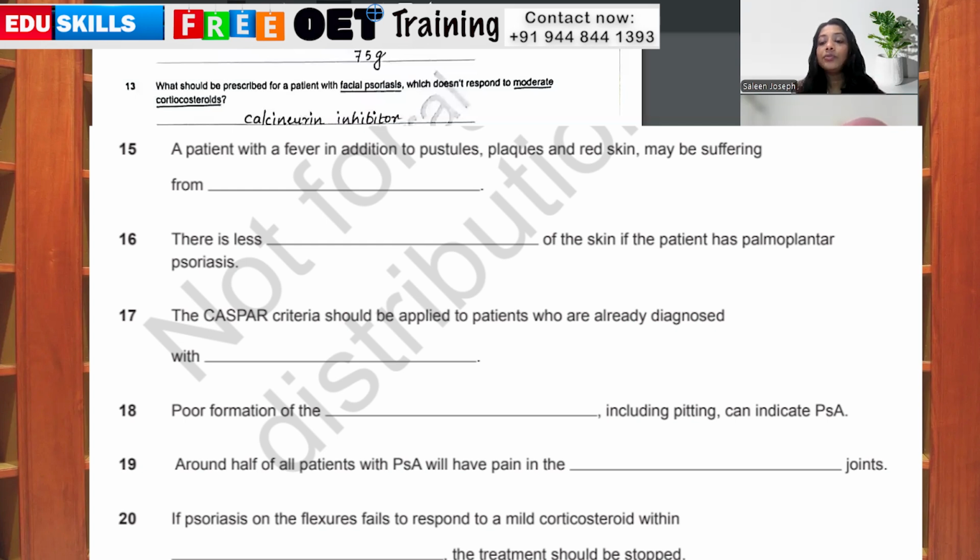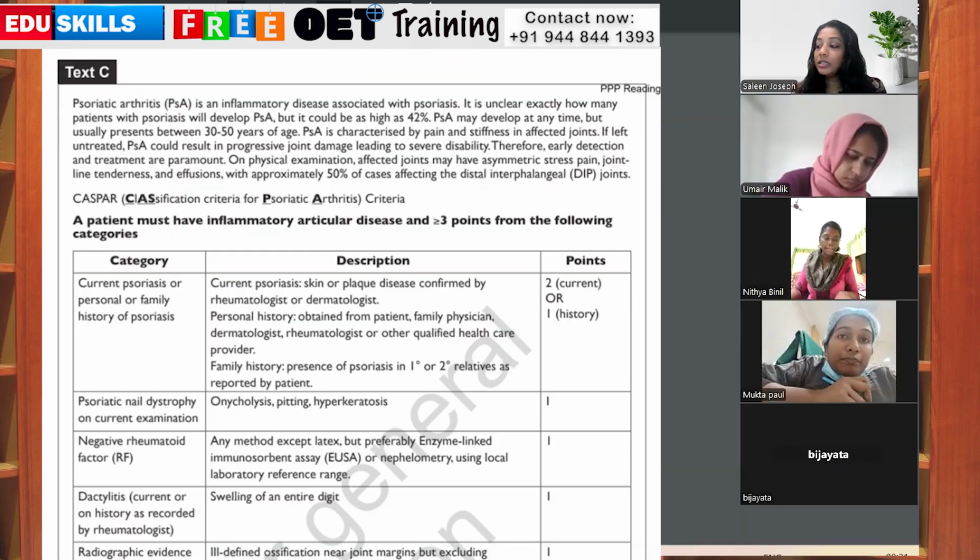Now, the 18th one. Poor formation of the dash, including pitting, can indicate psoriatic arthritis. So, poor formation of something, including pitting, indicates psoriatic arthritis. Psoriatic arthritis means text C, so there you have to check in the column. They have mentioned psoriatic nail dystrophy.